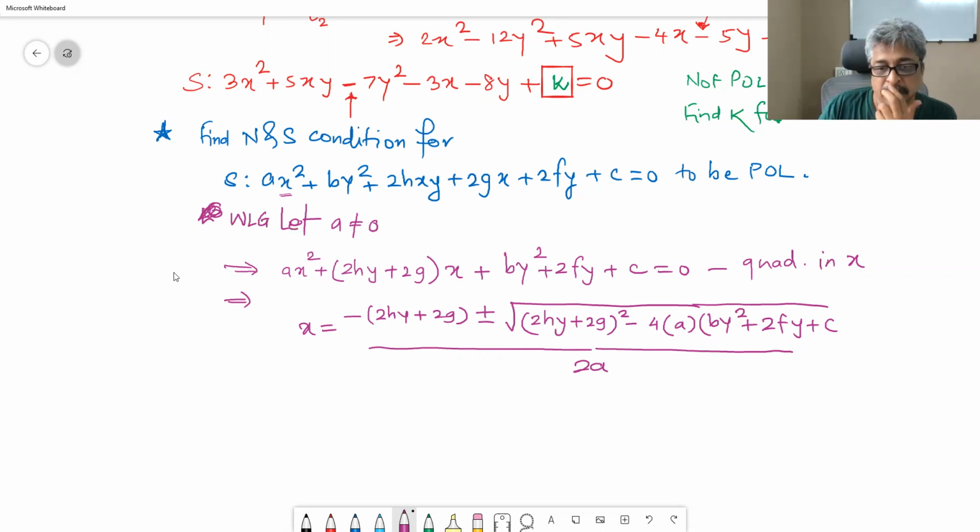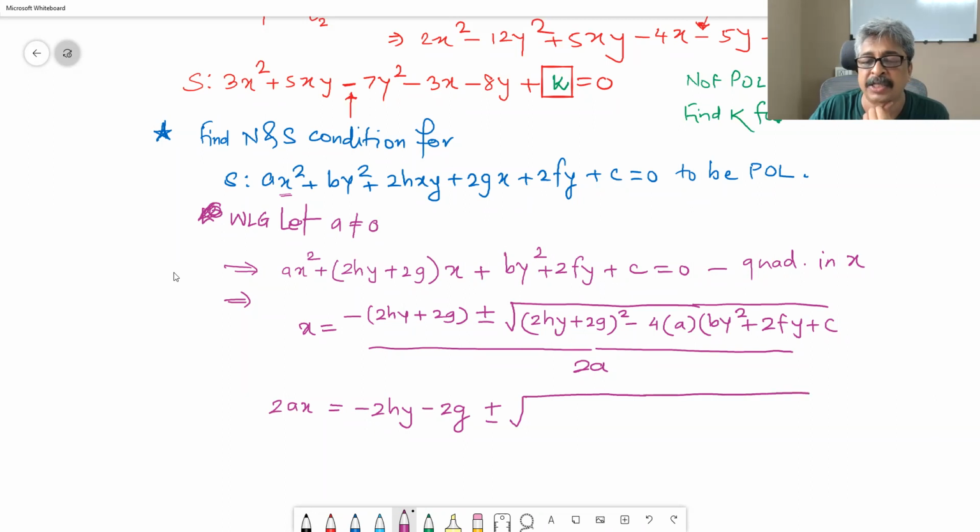Okay. So this is the value of x, but it involves y in the RHS, and therefore if we want a linear factor, we can always throw this to the LHS. 2ax is linear, minus 2hy is linear, minus 2g is constant, so I can put all these terms to the LHS, and then we are left with plus or minus under root this big quantity.